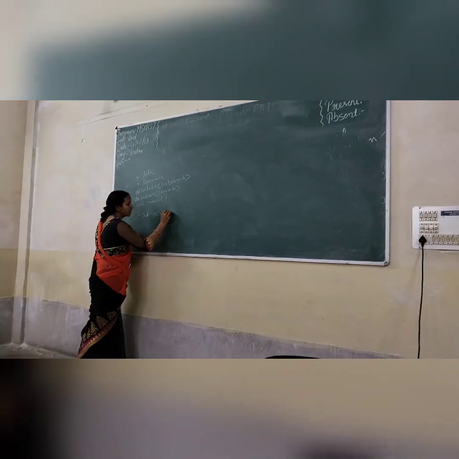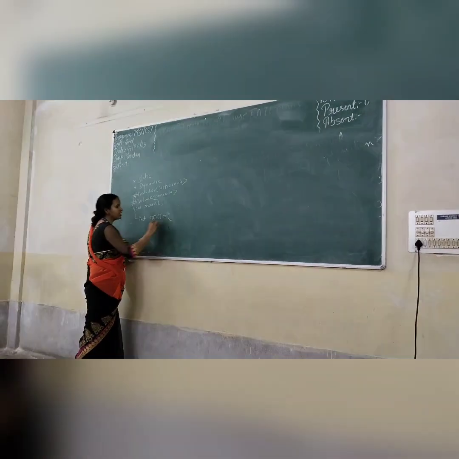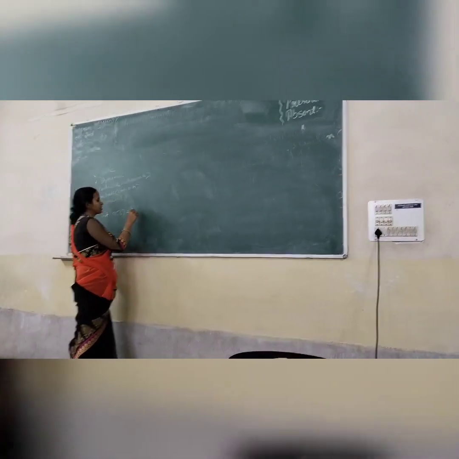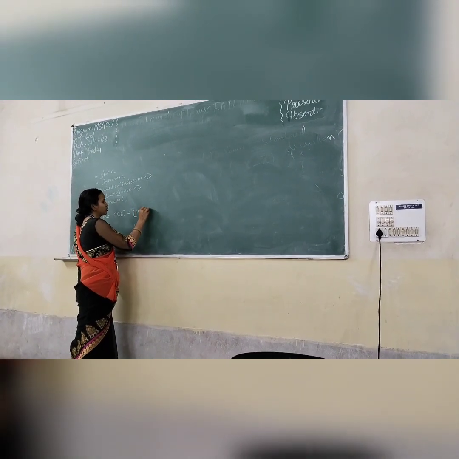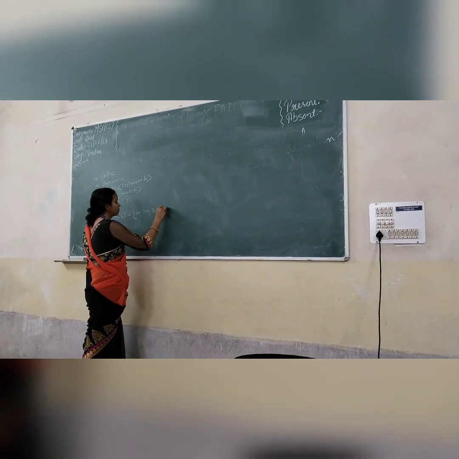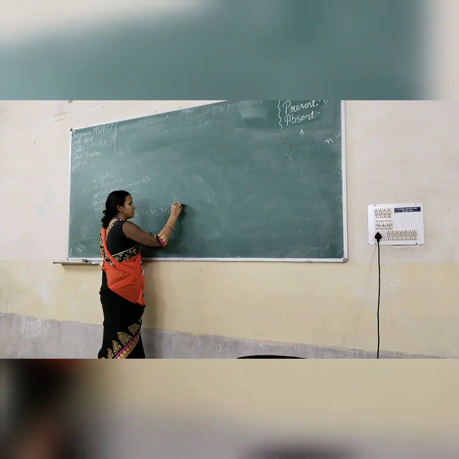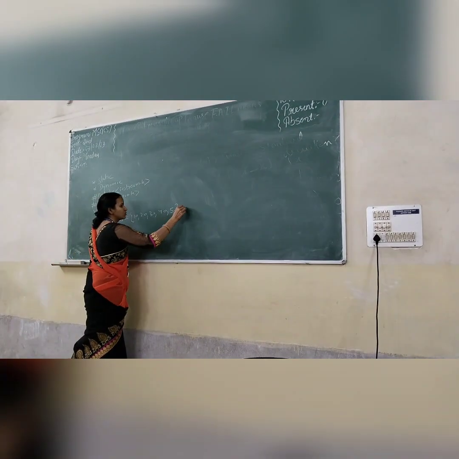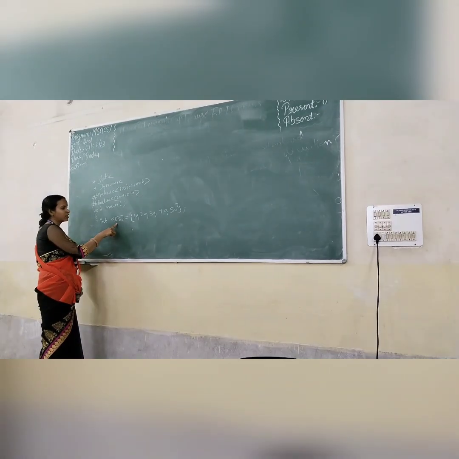If we assign the values to the array in the declaration line, like 10, 20, 30, 40, 50, that means we are assigning the values to the array A.